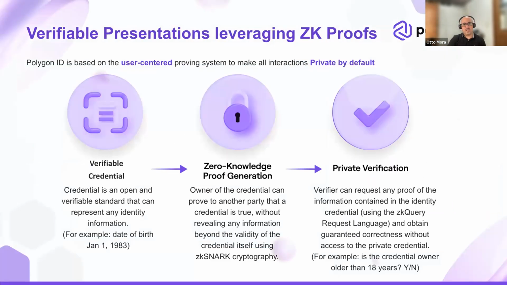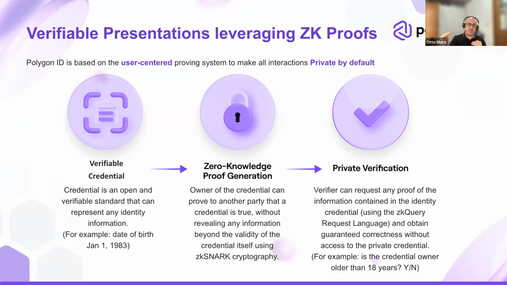So with that, we can get into Polygon ID, right? So what differentiates Polygon ID versus other sovereign identity solutions, right? The main thing is this ability to do zero knowledge proofs about the credentials that you have, right? So in that triangle that we had earlier, you could see that we had the verifier interacting with the identity holder.